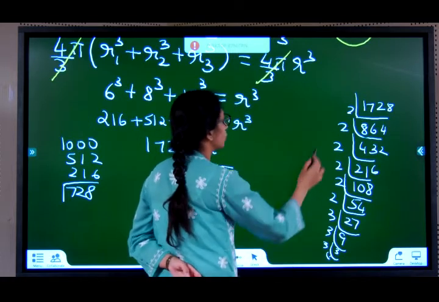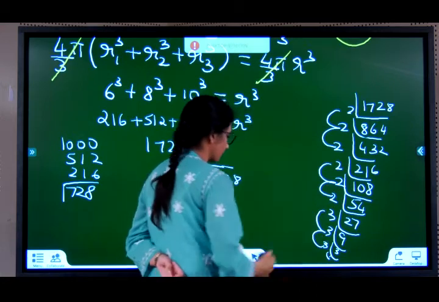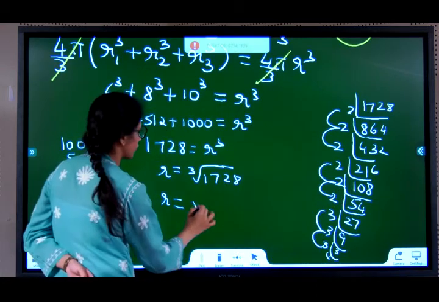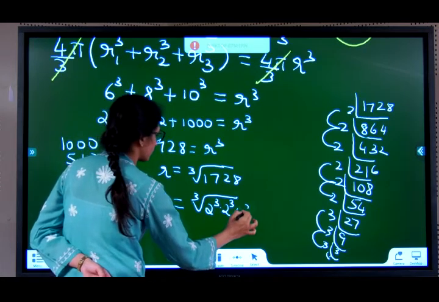Okay, so group in pairs of 3, 1 2 3, 1 2 3, 1 2 3. So you can write this as cube root of 2 cube into 2 cube into 3 cube.